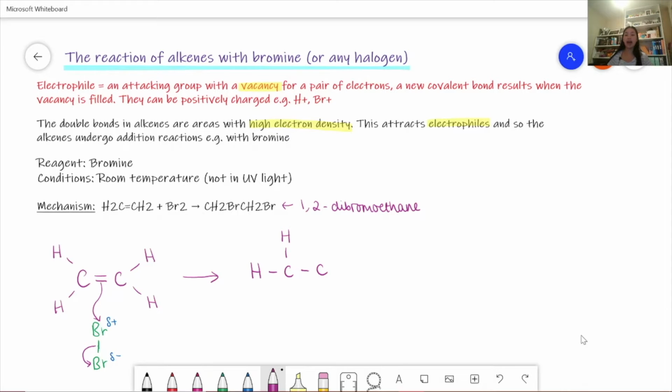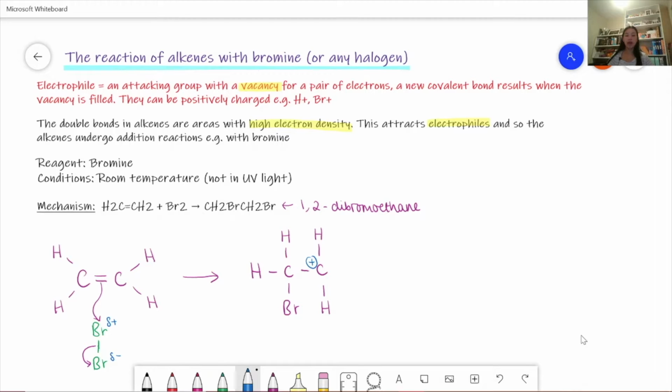So now the double bond has gone because the two electrons have gone to this partially positive bromine. And so we've formed a bond with bromine, and everything else is the same, except for we don't have the double bond. And now the carbon is positively charged because it's lost some electrons due to losing that double bond.